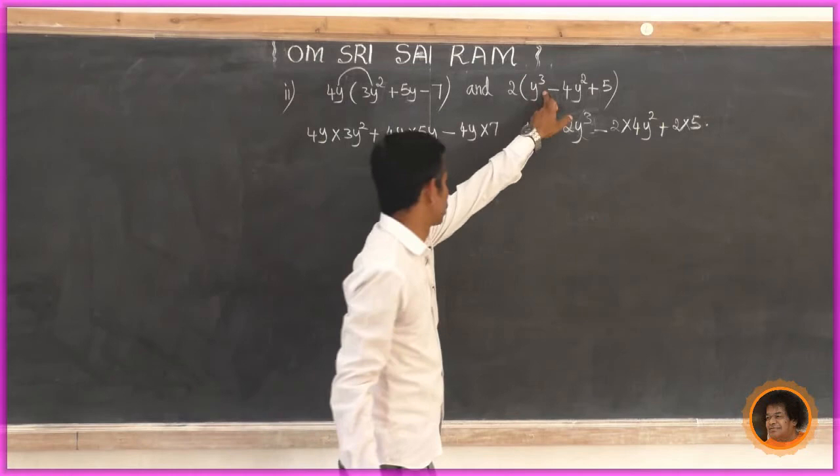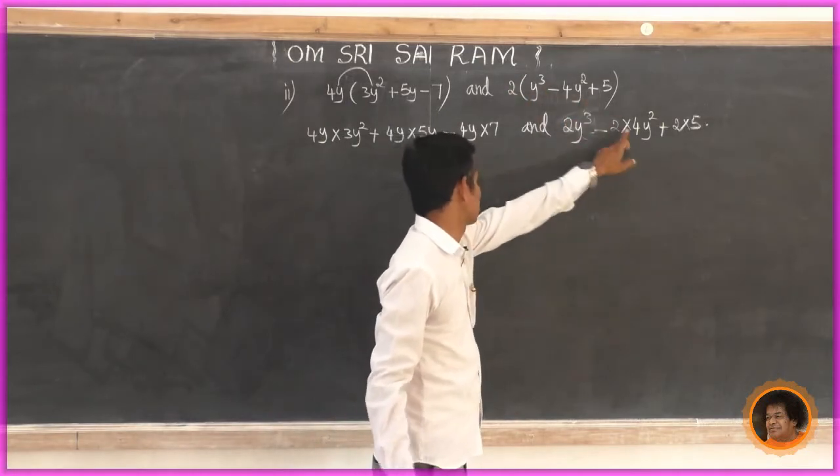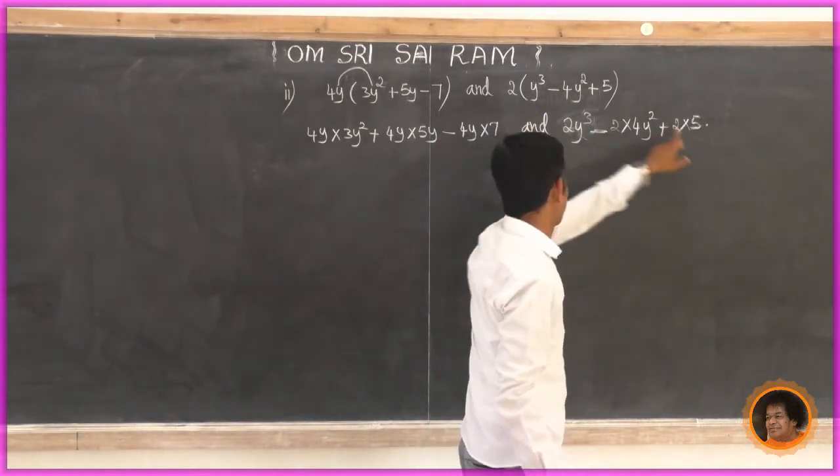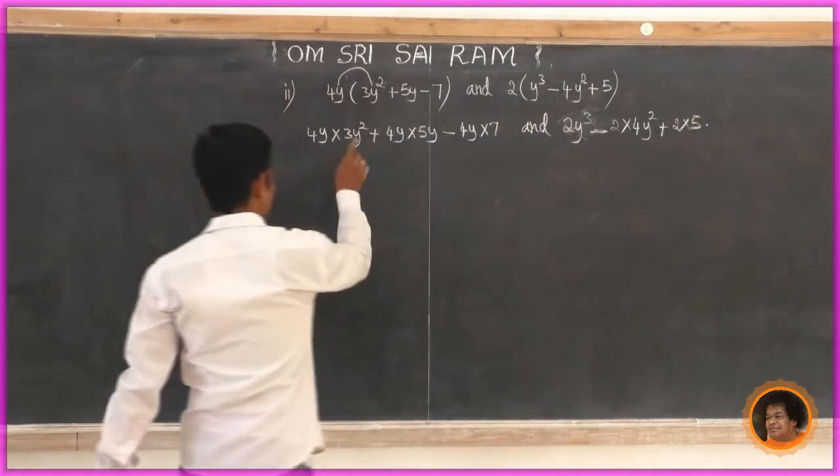So 2 into y cube, 2y cube, 2 into minus 4y squared, 2 into plus 5. Now multiply.